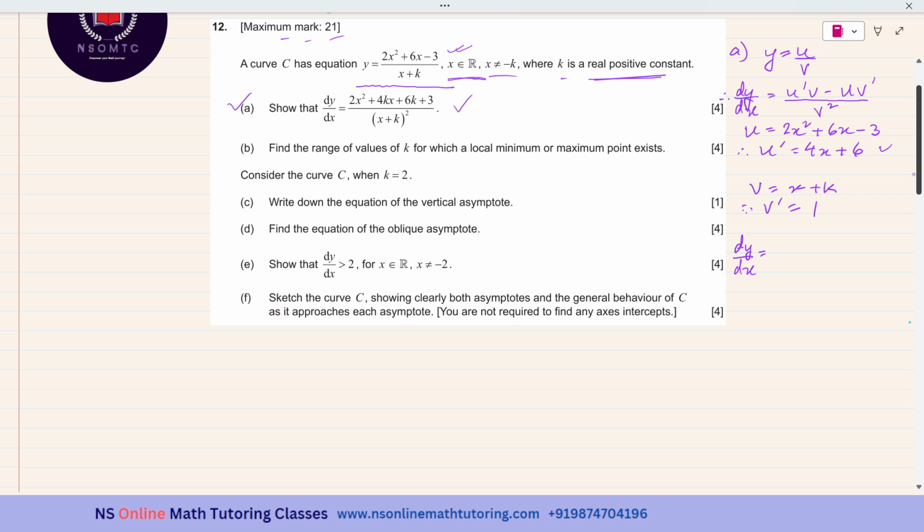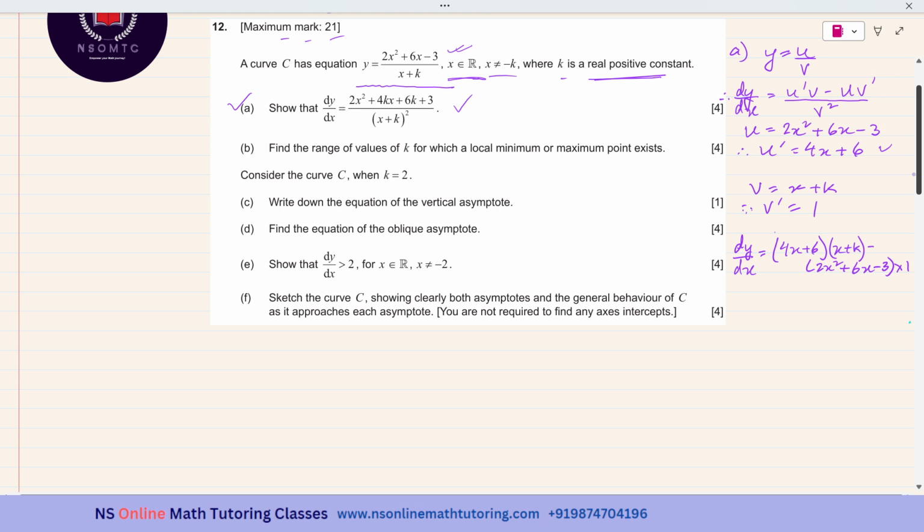Therefore, we come back to dy by dx. dy by dx will be equal to u dash, u dash is 4x plus 6, times v, v is x plus k, minus u v dash. So u is 2x squared plus 6x minus 3 and v dash is 1.